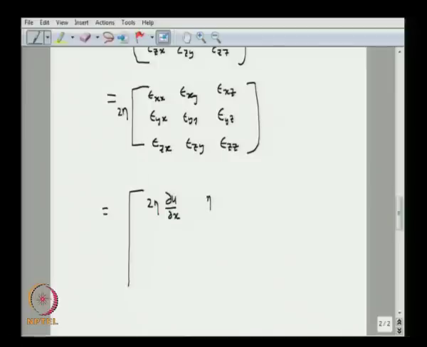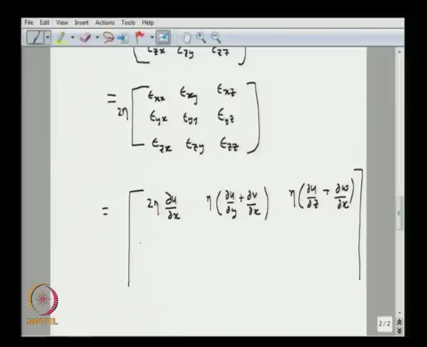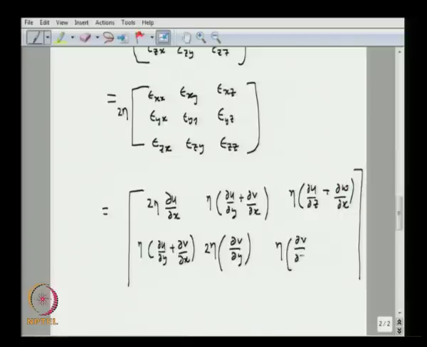and this will be eta into del u over del y plus del v over del x, and this will be eta into del u over del z plus del w over del x, and the second row will be eta into del u over del y plus del v over del x, this will be 2 eta into del v over del y, and this will be eta into del v over del z plus del w over del y, and the last row would be eta into del u over del z plus del w over del x.